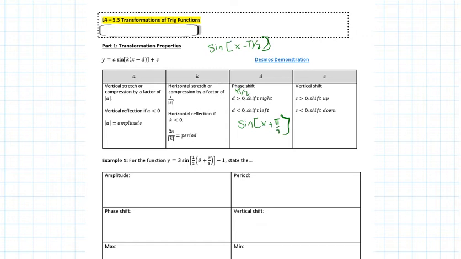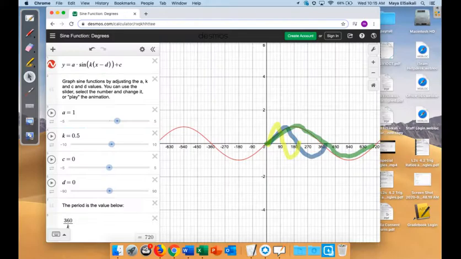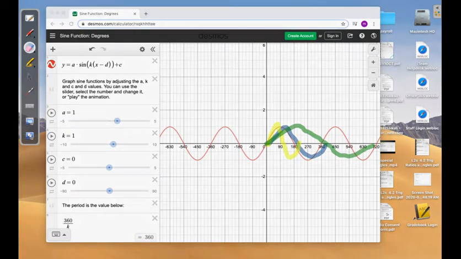C will give you a vertical shift, so up and down. You guys can use the Desmos to look at it, and if C is positive, then you have a shift up. If C is negative, then you have a shift down. So if you're looking at C, I'm going to set this back to 1. I'm going to erase this. If you're changing C, you're going to see that your axis is going to change.